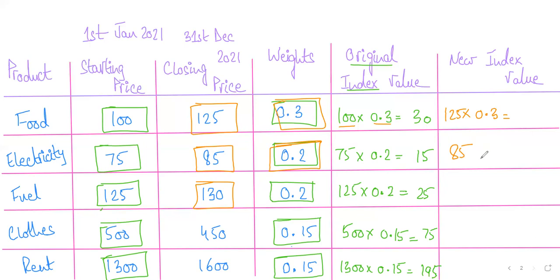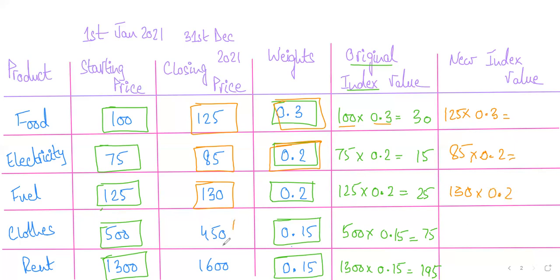It's 85 times 0.2, right? We're getting the idea, right? Then it's 130 times 0.2 again.